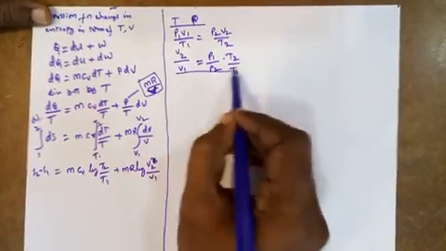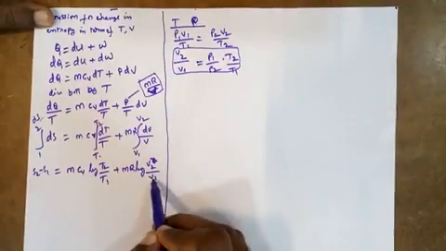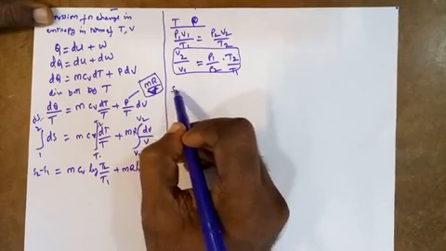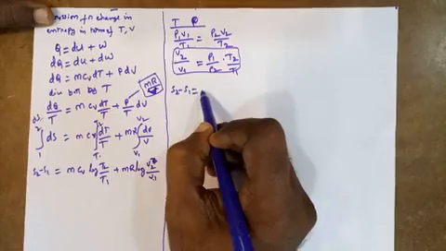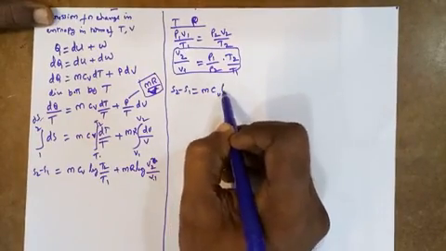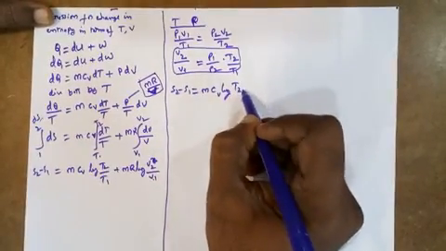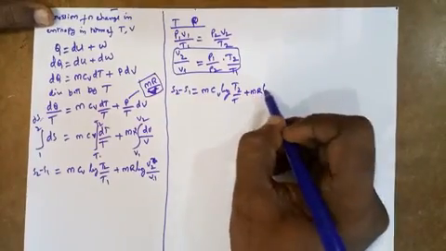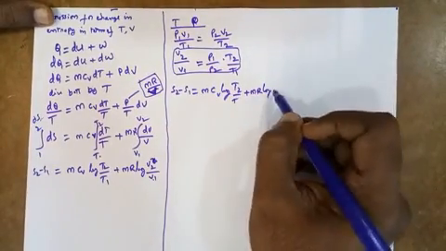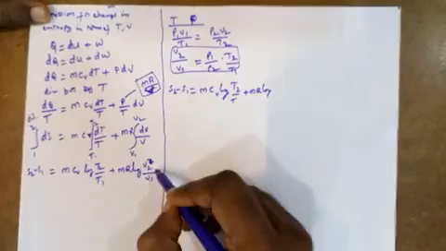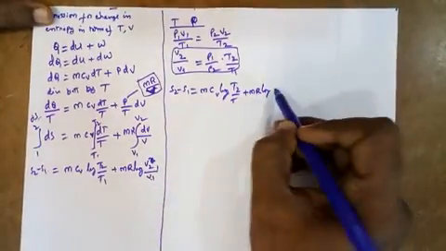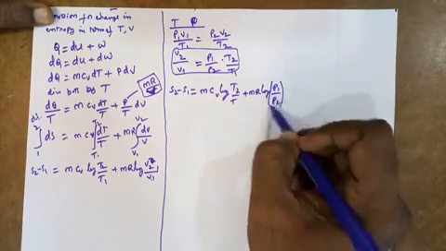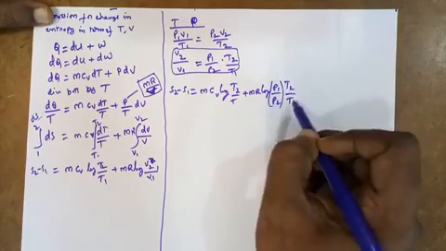You can substitute this for V2 by V1 in S2 minus S1 is equal to m Cv log T2 by T1 plus mR log V2 by V1, that is, P1 by P2 into T2 by T1.